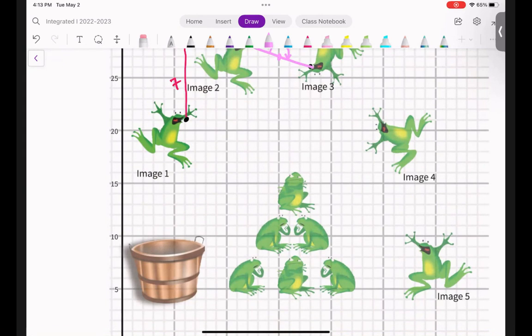So 1 to 5, I clearly see a reflection because he's faced the different way. So you can reflect him now. You can reflect him later. You can even reflect him so that he lands somewhere over here, right?